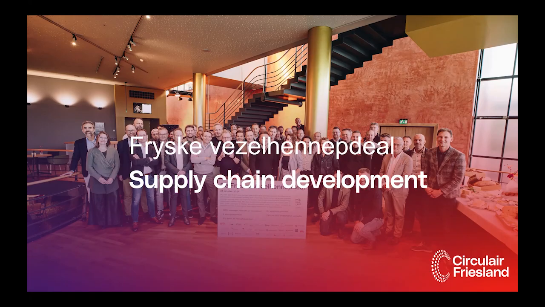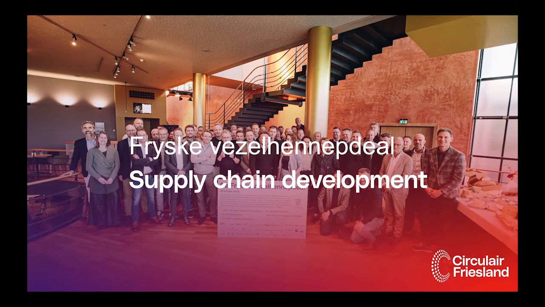And this sales guarantee gave Green Inclusive the security it needed to invest in building a local hemp processing factory. So right now a factory is being built in Friesland that can process the hemp to make it even more local, to get Frisian hemp manufactured in Friesland and then use it in Frisian housing.